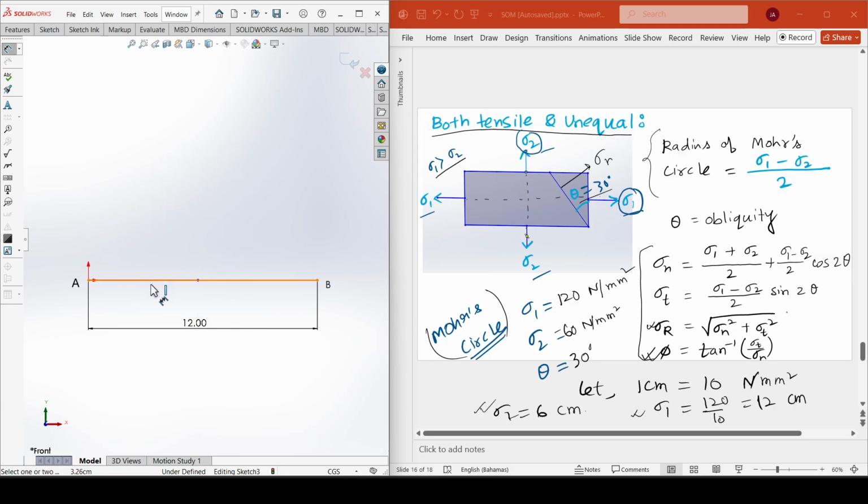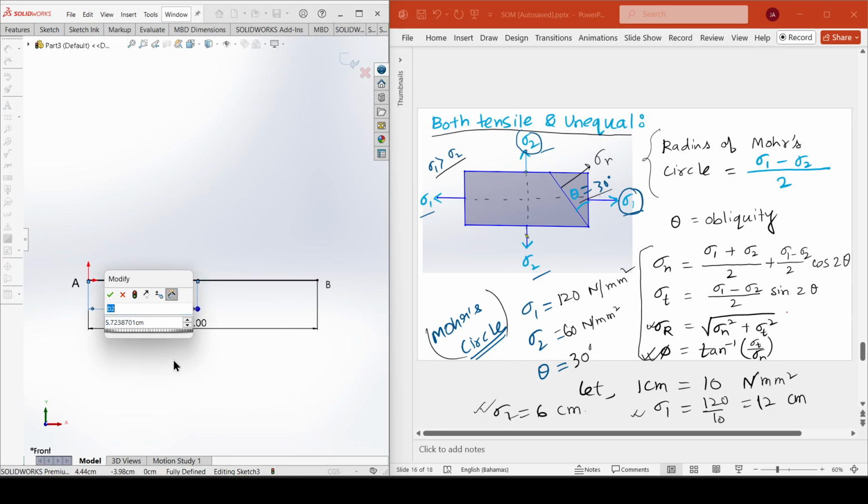So the distance from this point is 6 centimeter. What you have done so far is take a line of 12 centimeter from point A, name this point B, and also mark a line of 6 centimeter from point A.